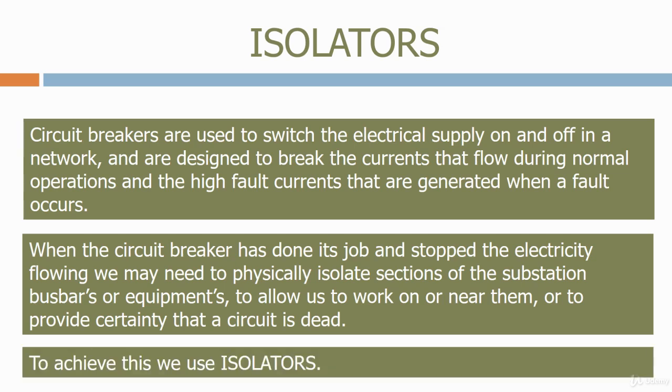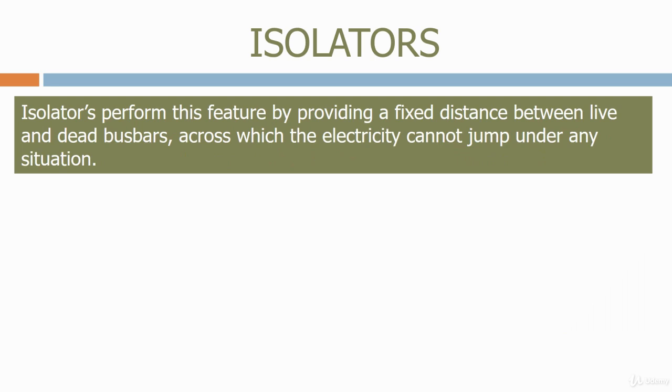To achieve this, we use isolators. Isolators perform this function by providing a fixed distance between live and dead bus bars, across which the electricity cannot jump under any situation.